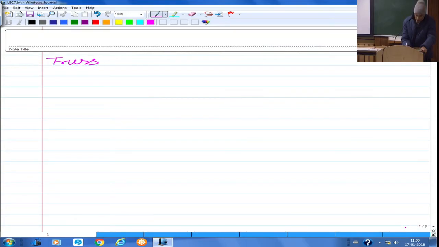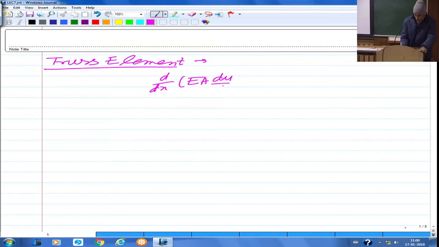So last class we just started this truss element, and essentially this is to solve this differential equation d by dx of EA into du by dx plus q equal to 0. So this is the second order differential equation, and for this the equivalent integral functional we had written within the element. So rather than again writing for the entire domain, let me write for the element.